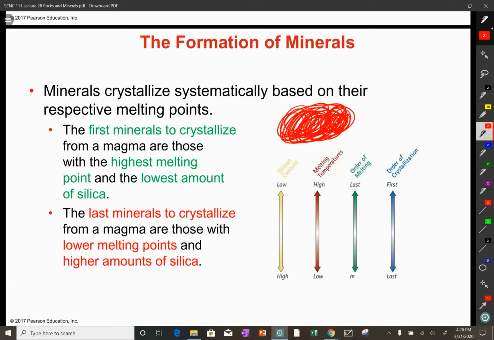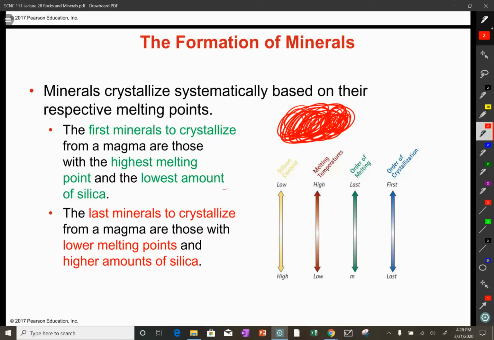And as it cools, the things with the highest melting point are going to be the things that freeze first. So what freezes first? Things with the highest melting point, and that means the lowest amount of silica. So things with a small amount of silicon dioxide are going to freeze first.